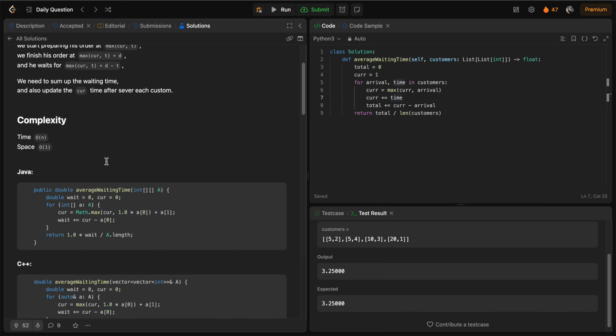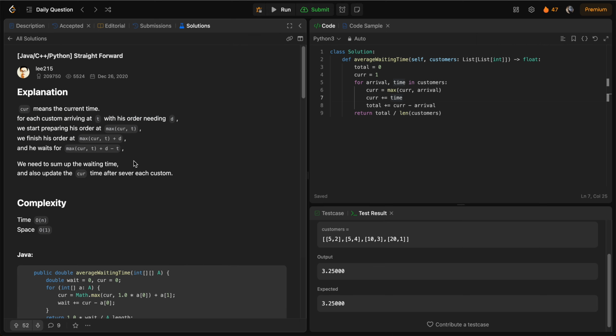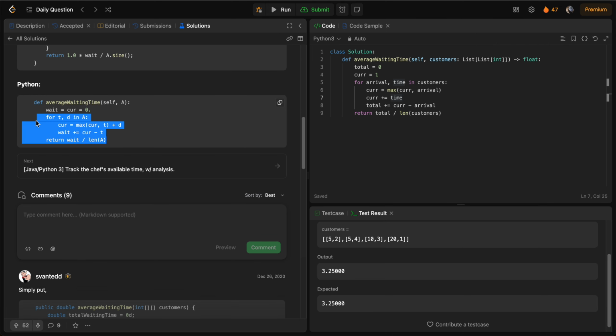Oh, we have a Leetcode solution. He's done the exact same thing as me. Or pretty much. Let's see, cur is equal to max. Oh, he uses wait. Okay, wait for total.